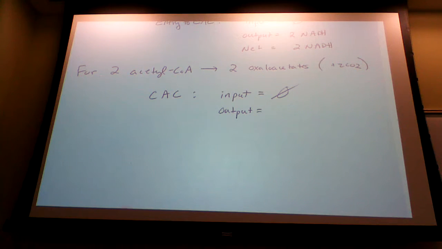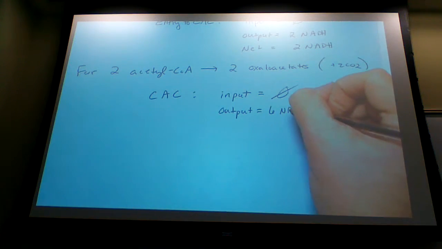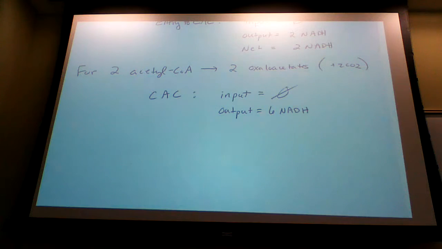How many NADHs do I get per turn of the citric acid cycle? How many dehydrogenases did I have in the cycle? 3. Okay, so you're going to get 6 NADHs, because we have 2 acetyl coenzyme A's going in.